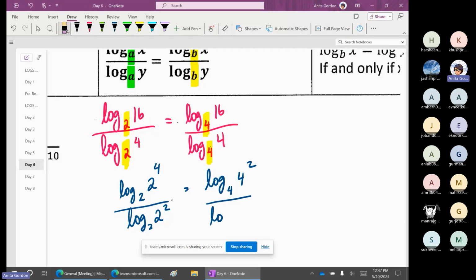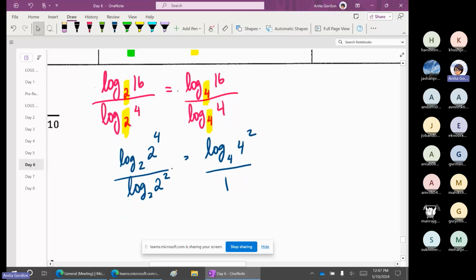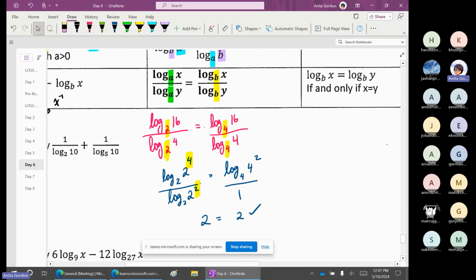Log, well, I could just tell you that's a 1, right? So this becomes a 2. And then I have 4 over 2. This becomes a 2. There we go. The first example didn't work because I was showing it with exponents, not logarithms. It should have been logarithms.